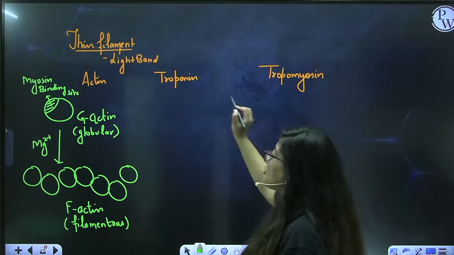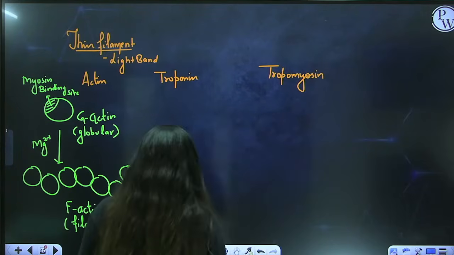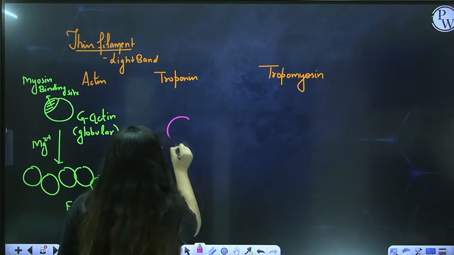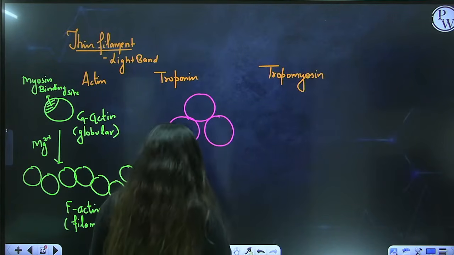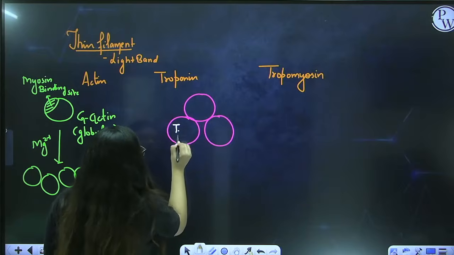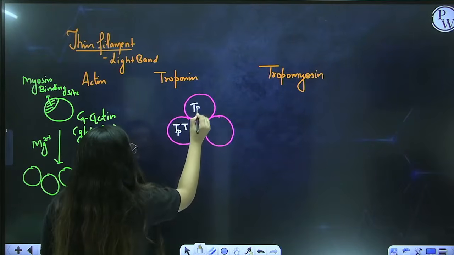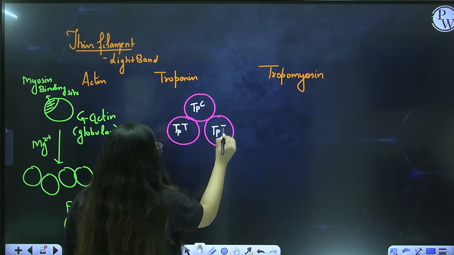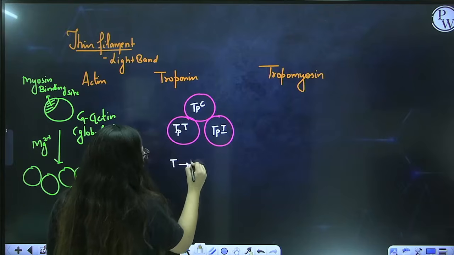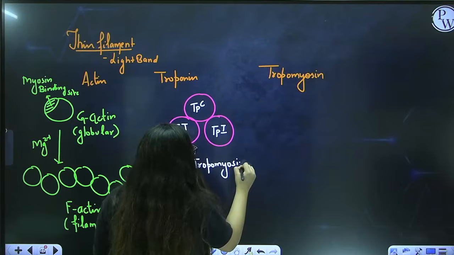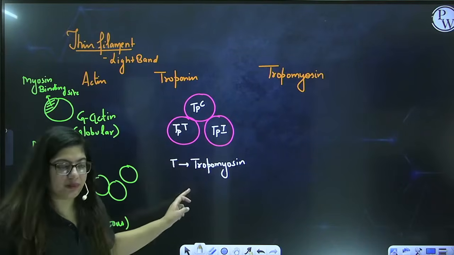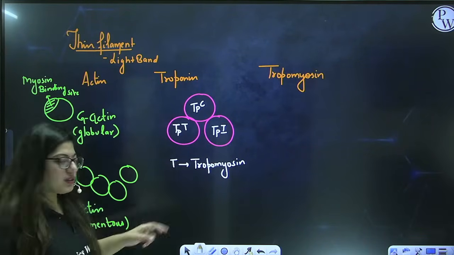So here, troponin. Troponin is basically made up of three units: troponin T, troponin C, and troponin I. Troponin T is the one which binds to tropomyosin. That's how its name is troponin T, because it binds to tropomyosin.